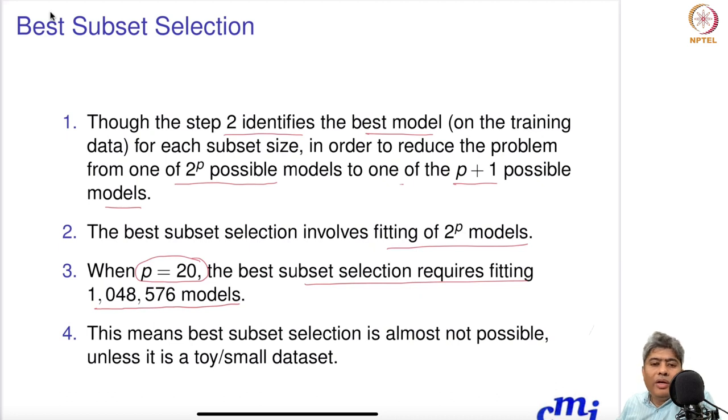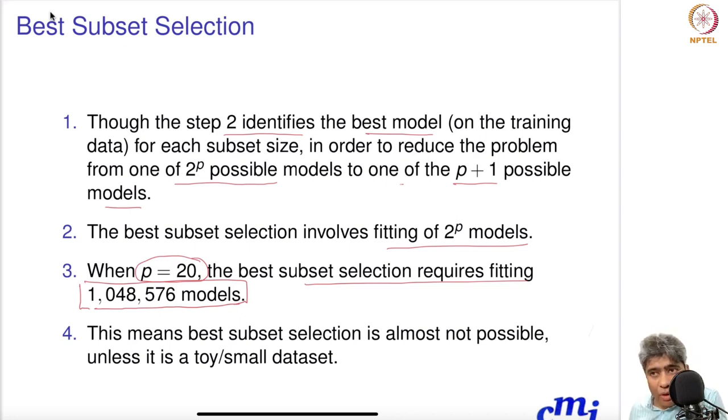Any data set can have 20 features. Now if you do best subset selection on that, then you have to fit 1 million models to get the best model out of it. So a huge number of models that you have to fit.